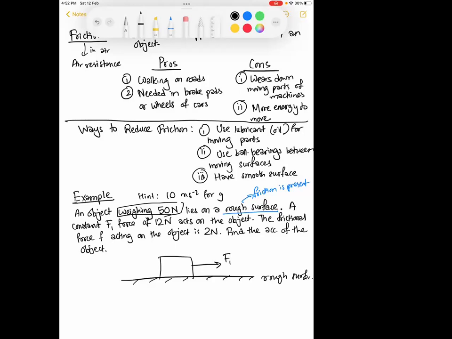Okay, let's do this together. So for mass, we can just use the weight equals mg formula, right? Yes, so the weight is equal to mg. So that's where you can find mass.